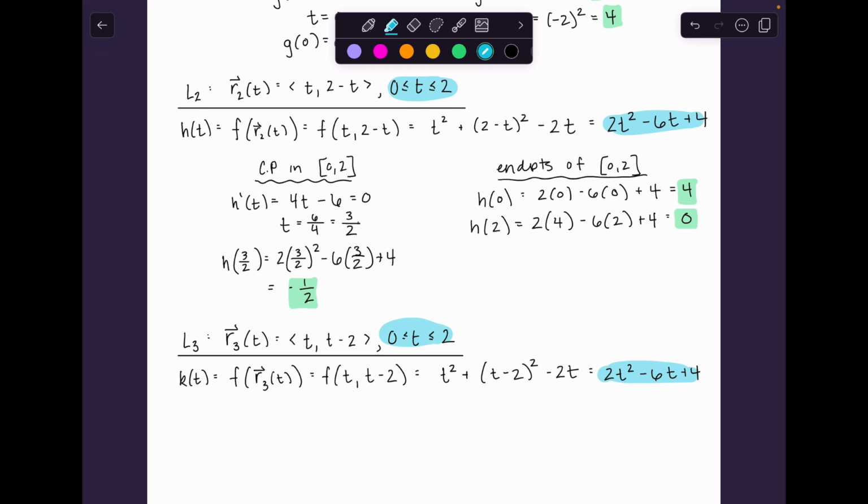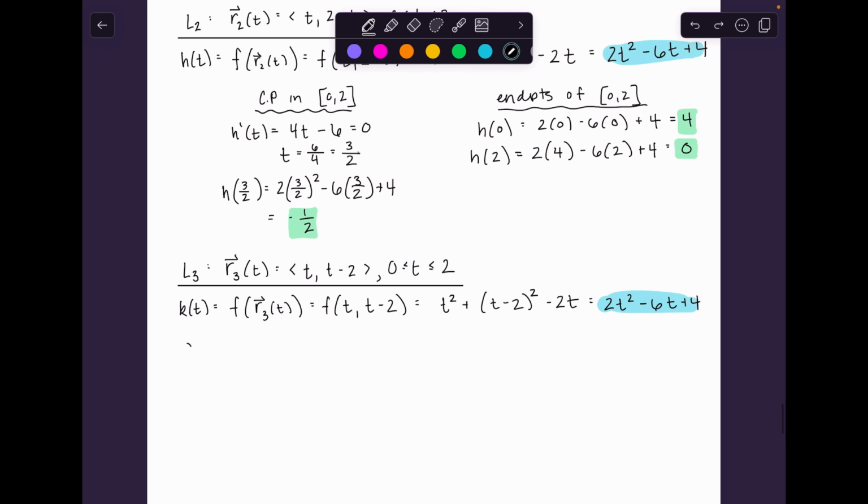So there's no need to test this. It doesn't offer us anything new. Okay. So this is exactly the same as L2 with the same bounds. So we won't get any new possible extreme values.